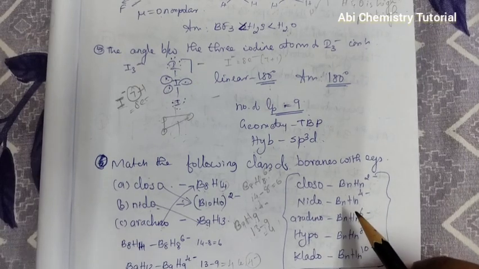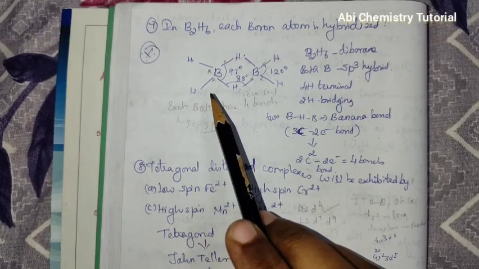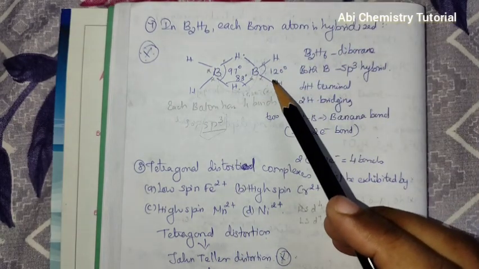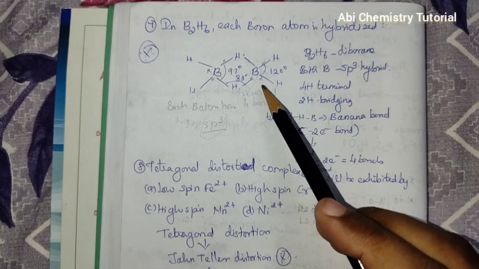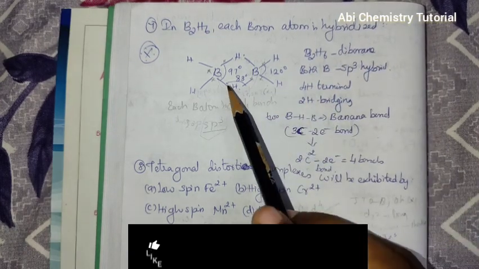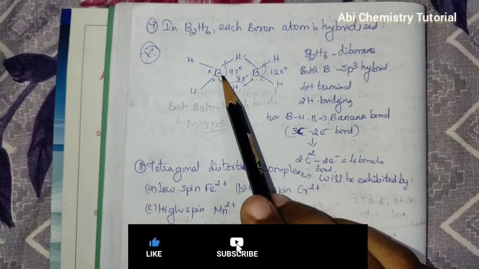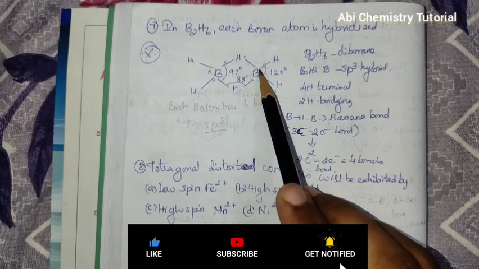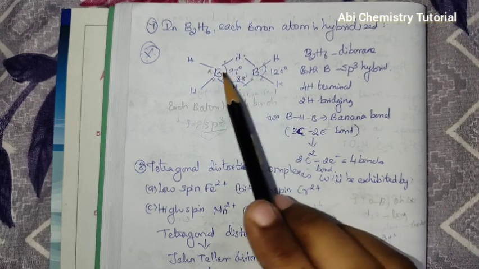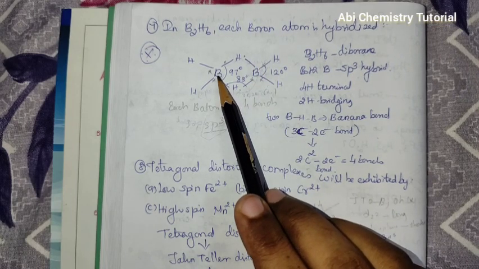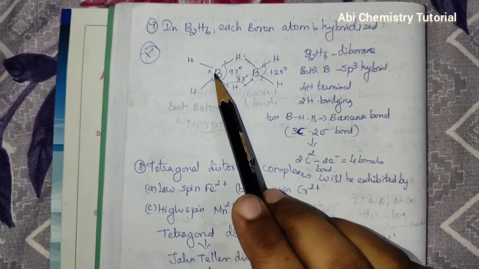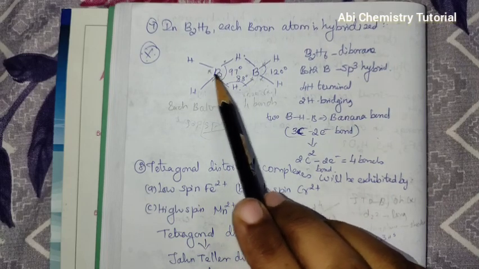Nido borane. And the seventh question is: in B2H6, each boron atom is hybridized as. What is the hybridization of boron in diborane? So diborane B2H6, and here you can see this boron and boron are bonded through hydrogen by a 3-center 2-electron bond, that is a banana bond, but still each boron is connected to 4 different hydrogens through 4 bonds.